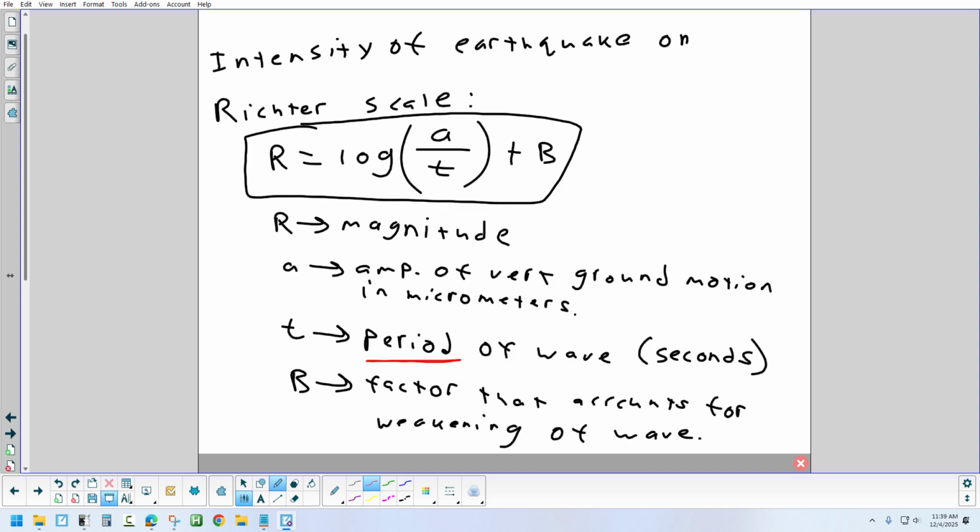So you'll get a wave, but it might only come out like a foot if you drop a pretty small object. Versus if you drop it in water, that wave just keeps going for a long time. It takes a really long time for the wave to dissipate. And that's what B is. Any question on the formula or the variables that go into it?